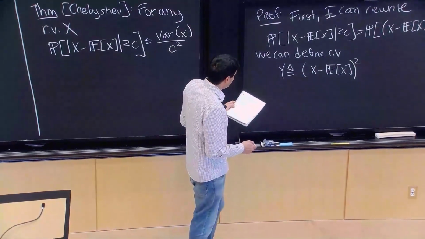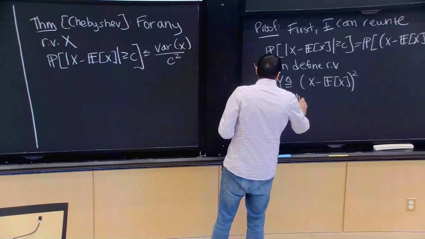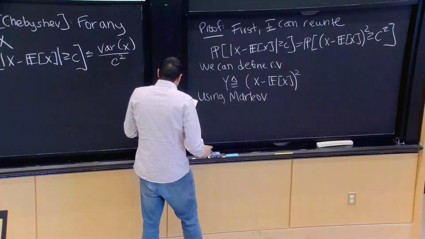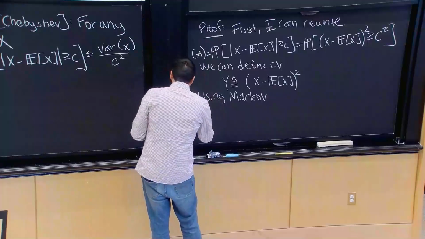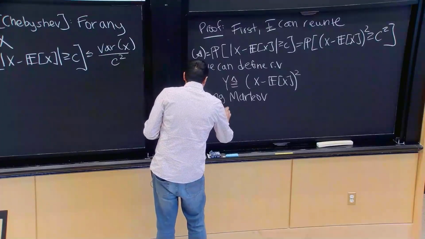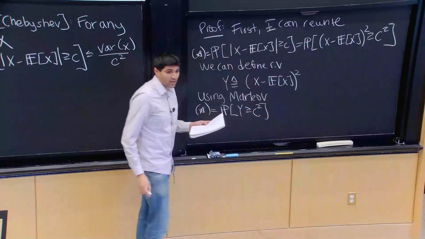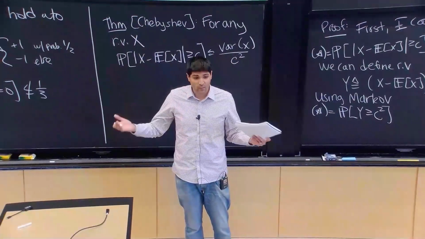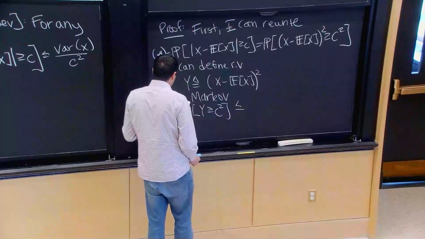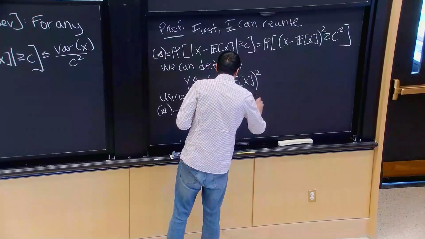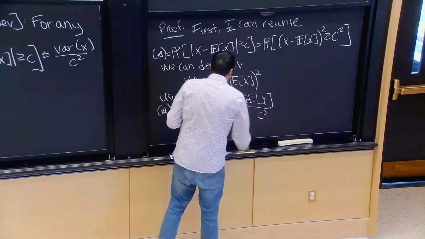And now I can appeal to Markov's bound. So using Markov on y, we know that this quantity right here, which I'll call star, is equal to the probability that y is at least c squared. That's literally just using the definition of what my random variable y was. And now appealing to Markov's bound, which is allowed because y is non-negative, this is at most the expectation of y all over c squared.